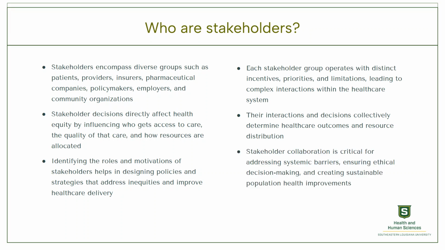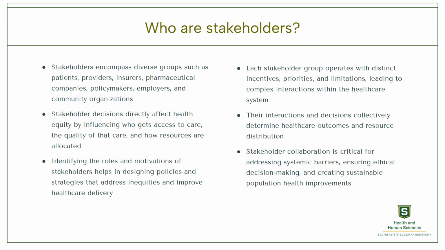So, stakeholder collaboration is critical when it comes to addressing systemic barriers. It's not something where you can choose to only work with one group of stakeholders and ignore the other group, because you would not be able to really address systemic barriers with that approach.